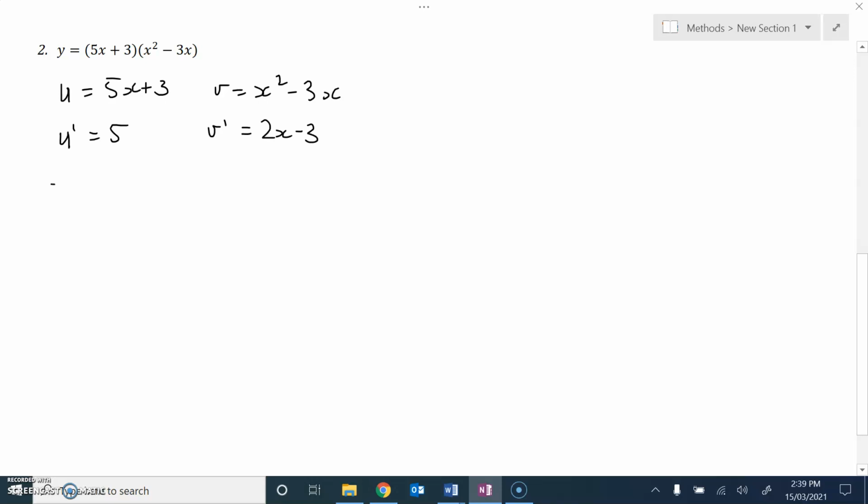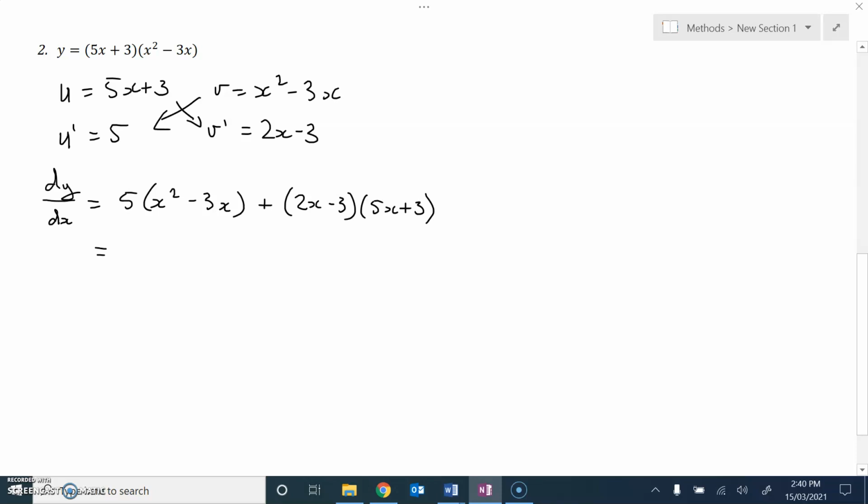Now, dy/dx, the derivative, is 5 outside of x squared take 3x, plus, now I need brackets here, (2x take 3) times (5x plus 3).